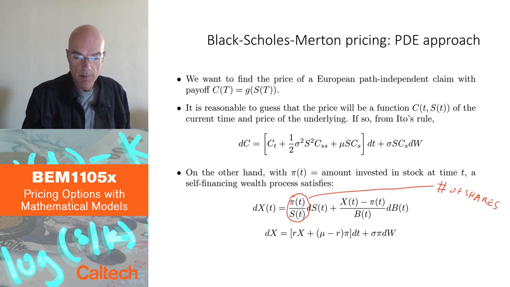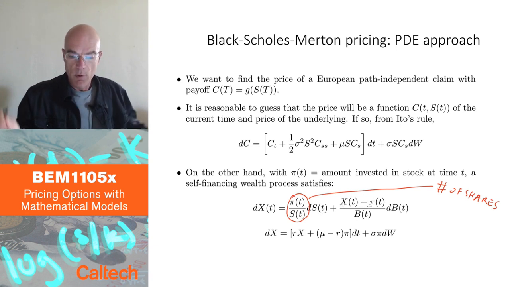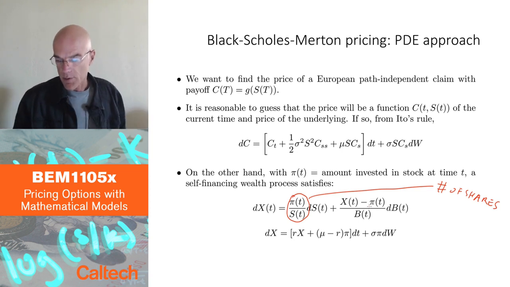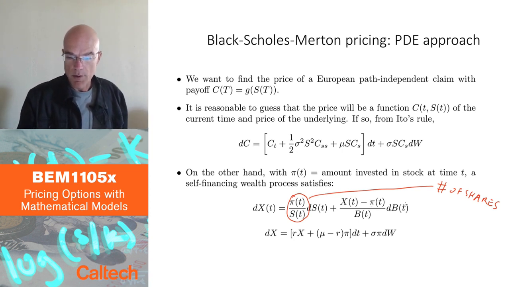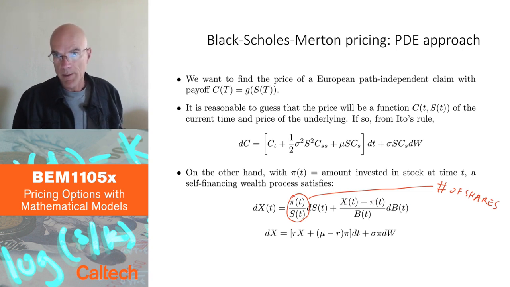Okay, so I have the number of shares times the change in S plus, and what I will have here is, if you want, the number of shares in the second asset, which is my bank account, times the change in the second asset. Why is this the number of shares in the bank account? Well, look at it. It's X minus pi. X is my total wealth. Pi is the money in the stock. X minus pi is the money in the bank. Okay?